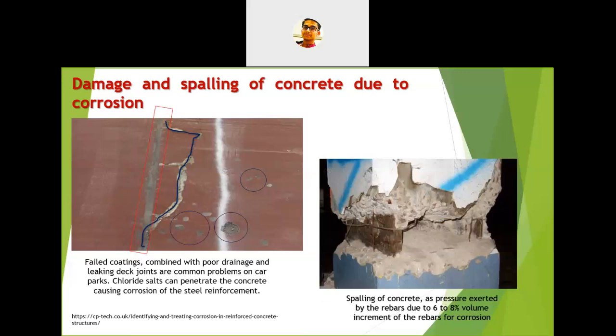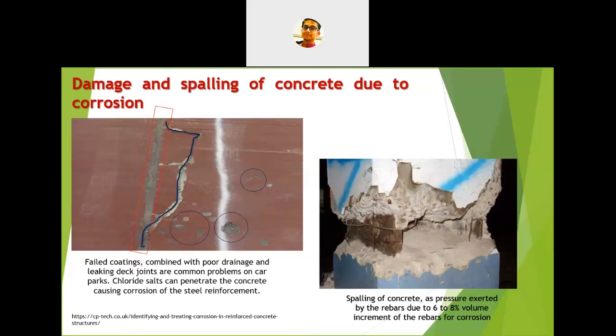Now this is also a case study. In the left side picture, this is the floor of a car parking. They had provided some coatings, and due to a poor drainage system, there is some leakage in the deck joints.